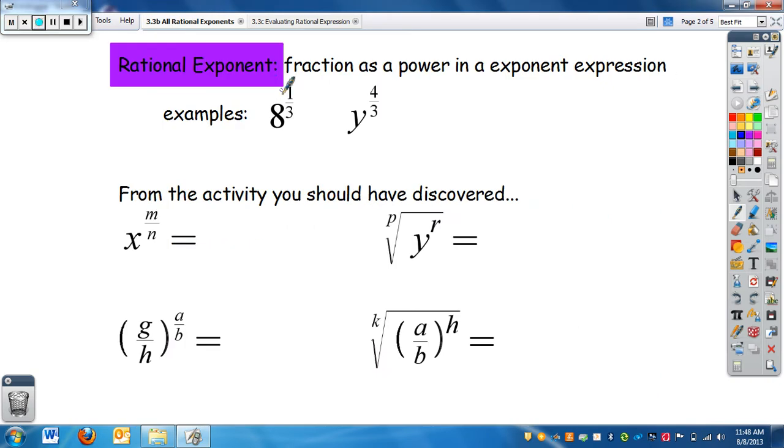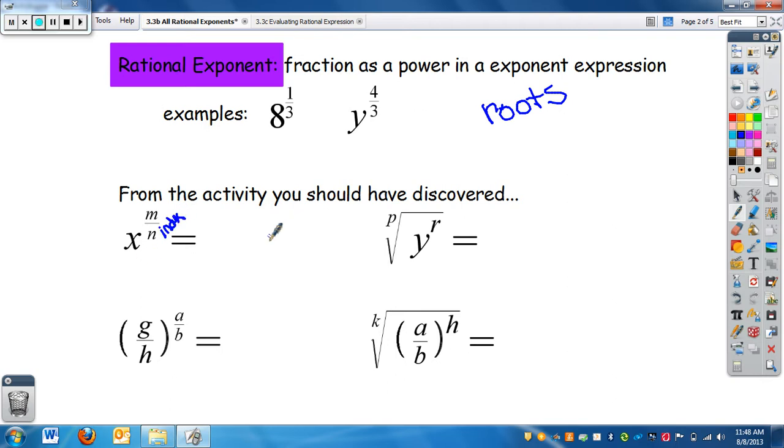So remember, we learned that rational exponents is just when you have a fraction in the exponent, and that indicates that we are dealing with roots. From the activity, your second activity, which you should have done before this video, we had something else besides 1 in the numerator of the exponent. Remember, this is your index.